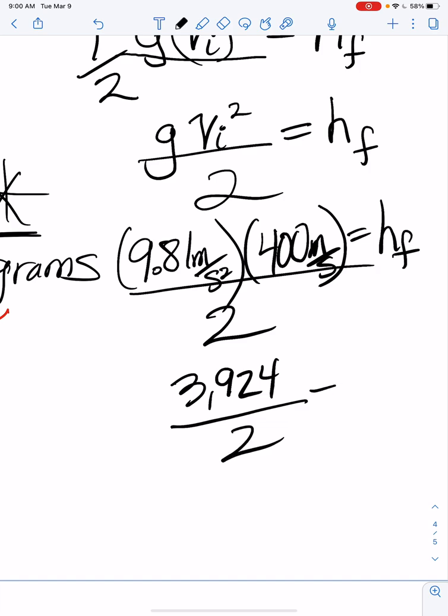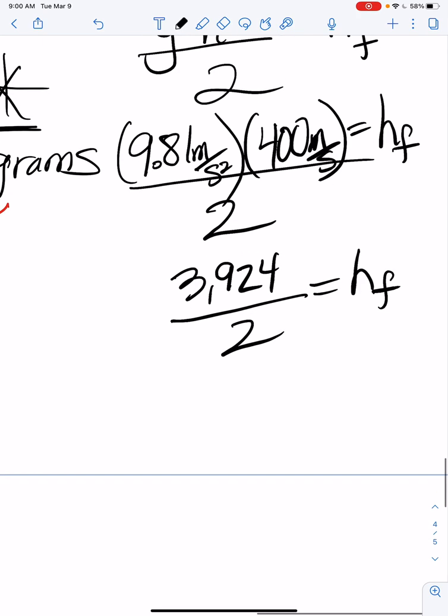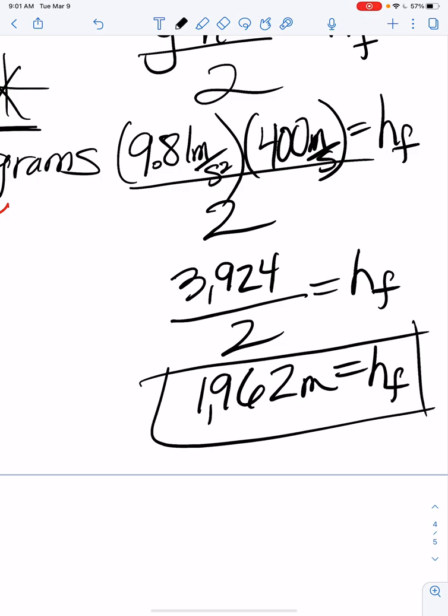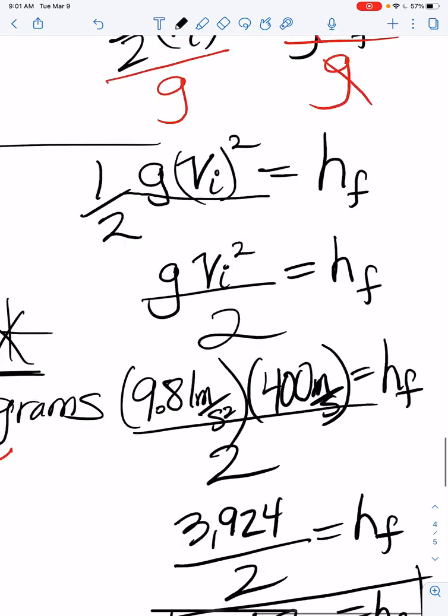We're going to divide that by 2. And what would that be? I'm trying to do that in my head. 1962. And units here, I should be careful. I need my units. Should be meters. All right, and there it is.